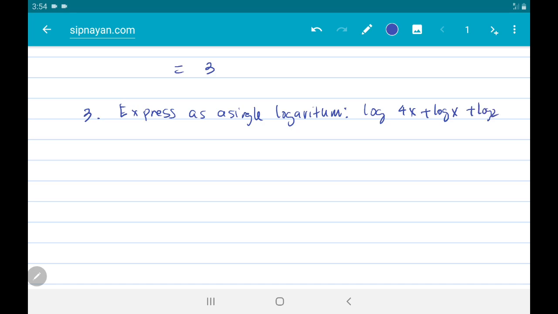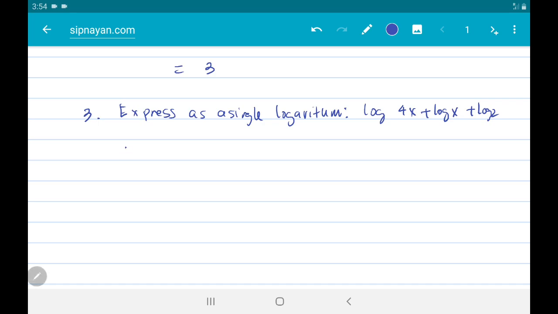So again, meron tayong sum ng logarithms of the same base. Pag walang base, okay lang yan. Ang assumption natin dyan, base 10. Usually yung base 10, hindi siya nilalagyan ng base. Pag walang base, ina-assume natin na base 10 in general sa algebra.